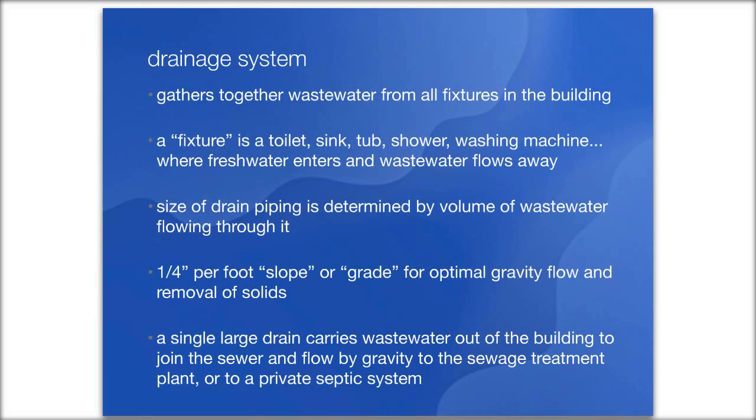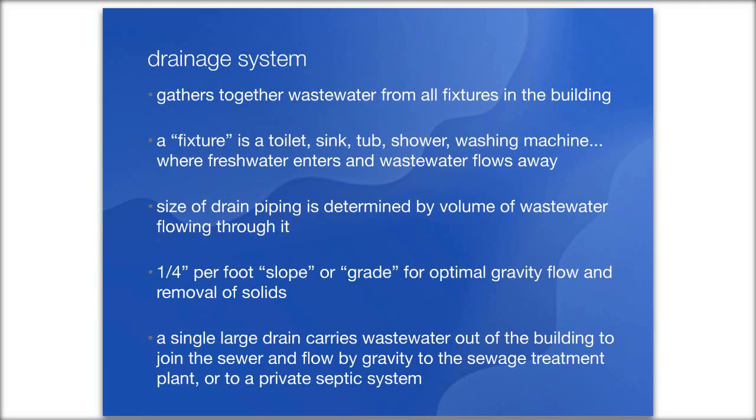So the drainage system, typically houses have a water system, a fuel gas system, and a drainage system. And the drainage system gathers together all the wastewater from all the fixtures in the building. And the fixture is a toilet, sink, tub, shower, washing machine, where fresh water enters and wastewater flows away. The size of the drain piping from any fixture is based on the anticipated volume of wastewater that flows through it.